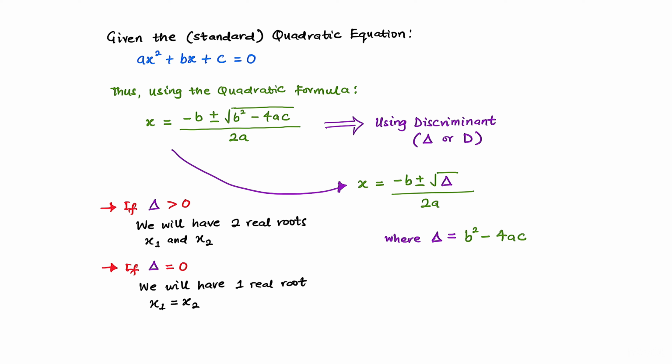So the value you get for your x1 will be exactly equal to the value you get for your x2. And the final situation is if delta is less than 0, then we will have no real roots. So there will be no solution to the question, basically.